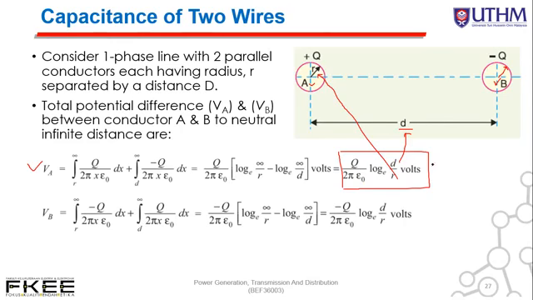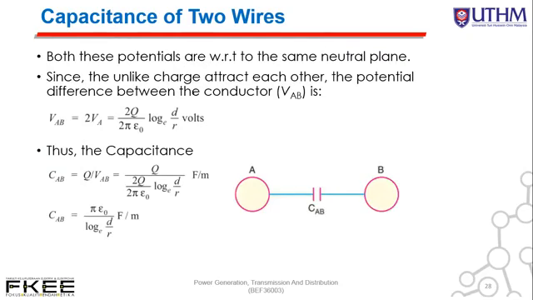So this is the potential difference at conductor A, while for conductor B, because the charge is negative, we get negative Q over 2 pi epsilon naught log of d over R for the potential difference at conductor B. Both VA and VB are with respect to the same neutral point.